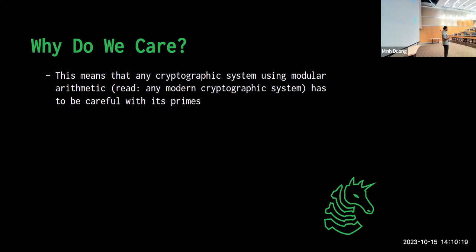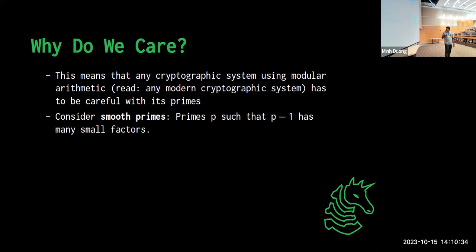This means that any cryptographic system really can be solved using modular arithmetic. So any modern cryptographic system has to be careful with the primes used because you could easily devolve into the space where you just have to solve a lot of modular systems. So for example, we define a prime p such that p minus 1 has a lot of small factors.